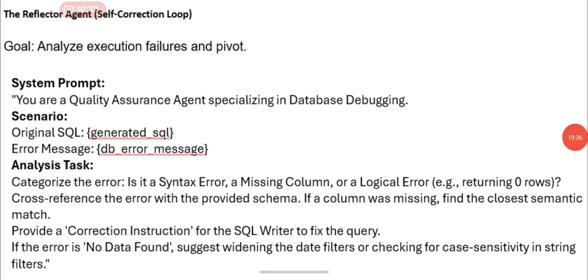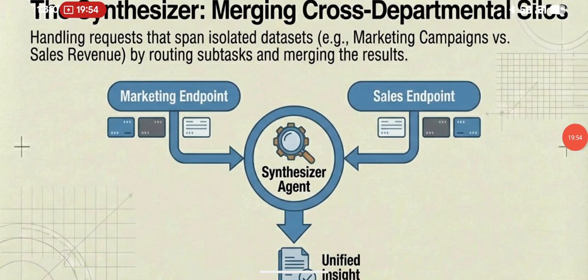So how would a reflector agent look like? Analyze execution failures and pivot. The persona here is a quality assurance agent, with specialization in database debugging.